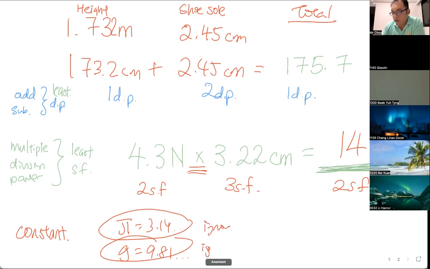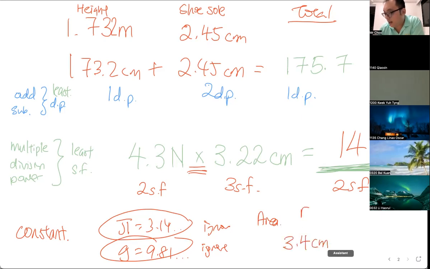You don't use pi as your SF. For example, you want to find the area of a circle. Your radius is, let's say, 3.4 cm. So what is your area? You know your pi is 3.14, but this one you ignore. You just use your radius, which is 2SF, because you multiply, your final answer will be just 2SF.